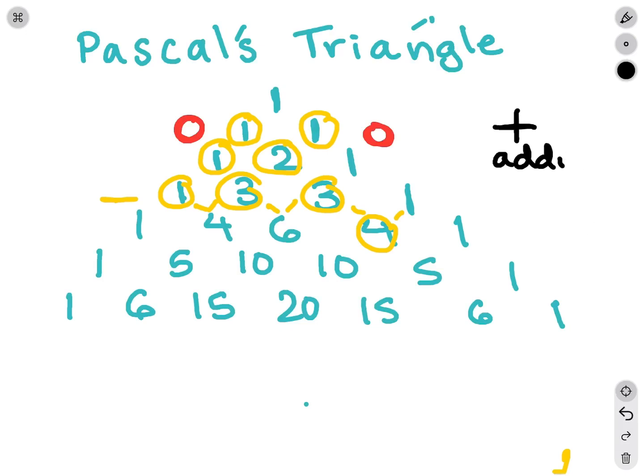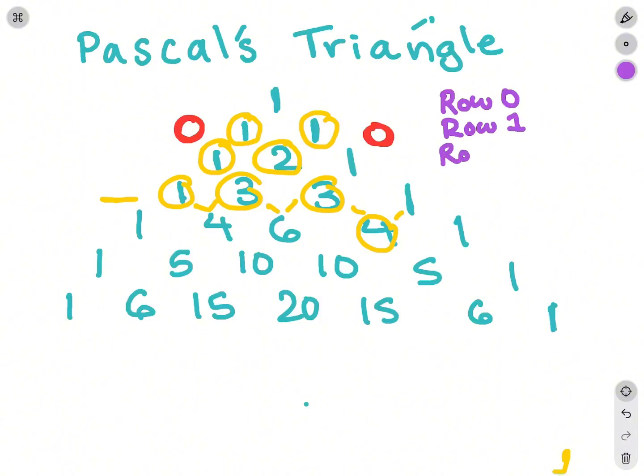Okay, so when it comes to row numbers, it actually starts at row 0. The one with just a 1 at the top, that's row 0. Then the next one is row 1, then row 2, then row 3.